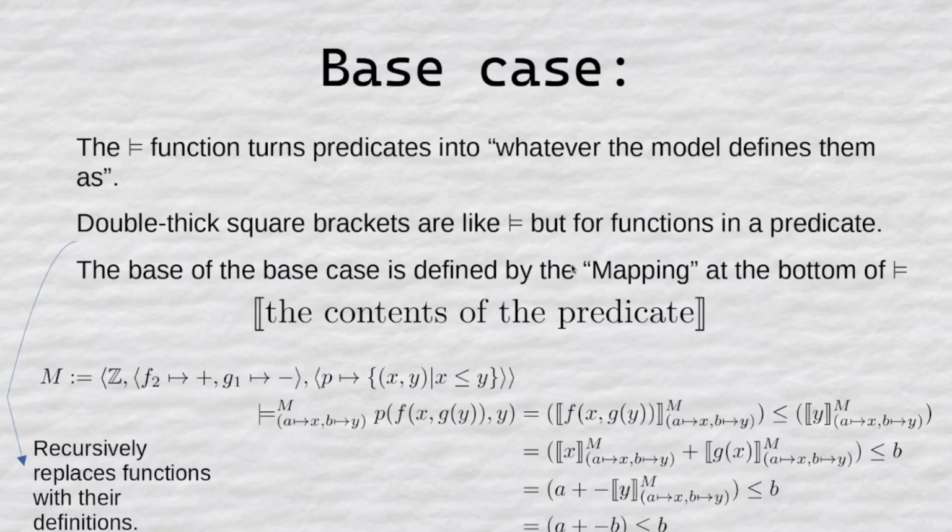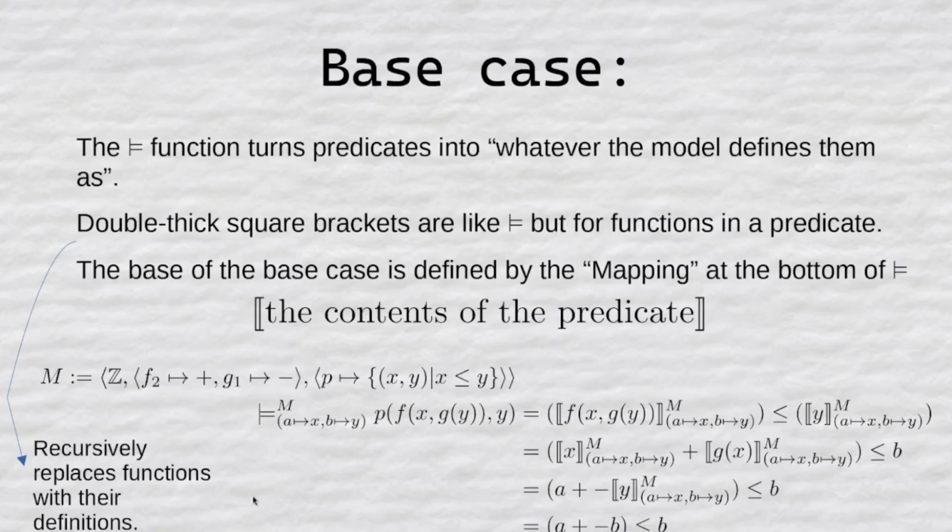So for example, if we had double square brackets of f of x and y, where f is defined as, for example, multiply, that would become double square brackets of x times double square brackets of y, and then the base case of this is where it's just replacing a single variable.